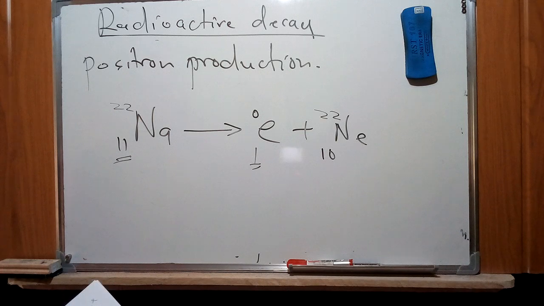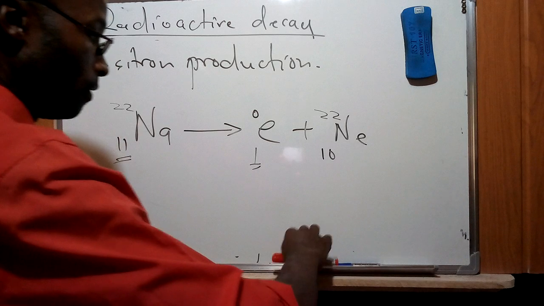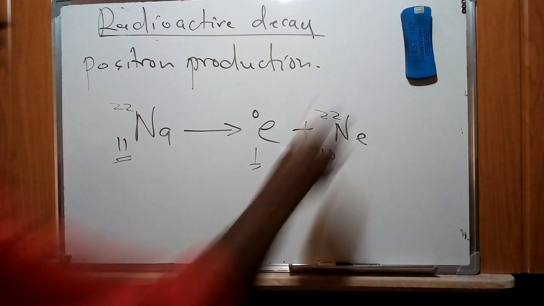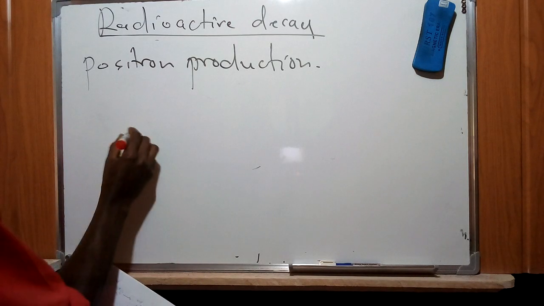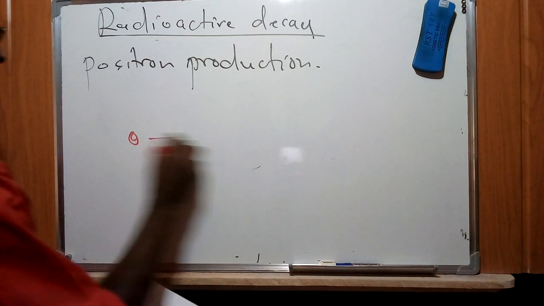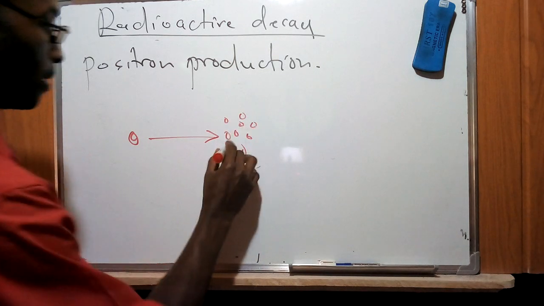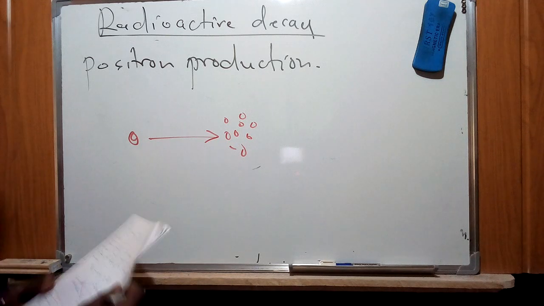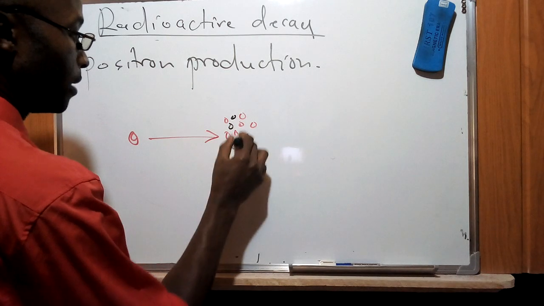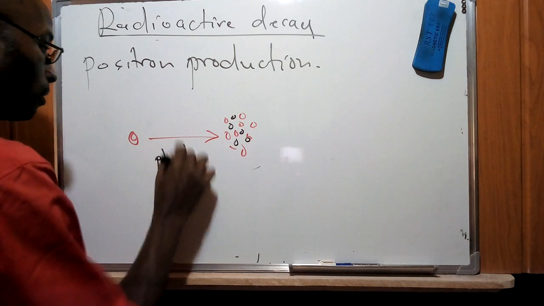So in this case, we can illustrate this process with a diagram. This is an element that is undergoing this kind of decay, and then we have this. Basically, at this point, is a nucleus that is having a photon.